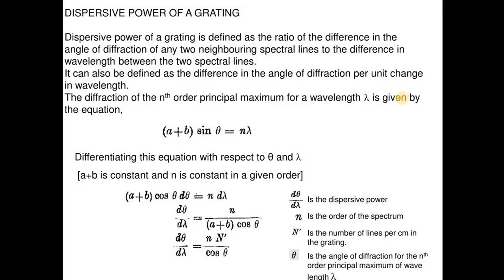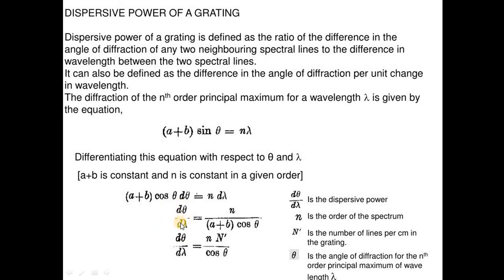So next is the dispersive power of a grating. Dispersive power of a grating is defined as the ratio of the difference in the angle of diffraction of any two neighboring spectral lines to the difference in the wavelength between those same spectral lines. Simply, I can write the dispersive power as d theta by d lambda.